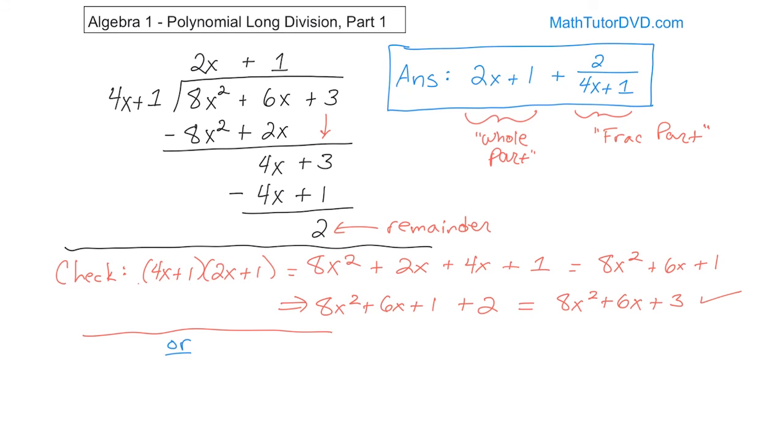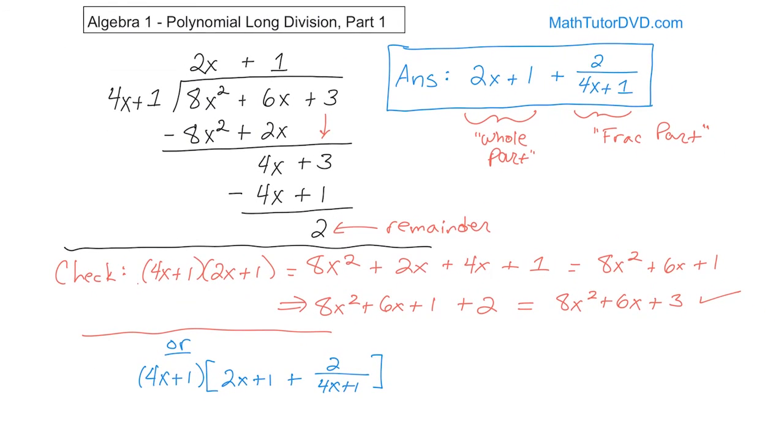So what do we do? Let's see what happens. We say 4x plus 1, and then we're going to multiply by this really big expression, 2x plus 1 plus 2 over 4x plus 1. So what's going to happen here? We have this guy multiplied by this term, but then we have this guy also multiplied by this fractional term over here.